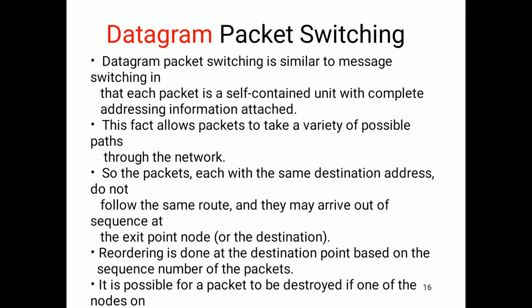Datagram packet switching is similar to message switching in that each packet is a self-contained unit with complete addressing information attached. This allows packets to take a variety of possible paths through the network. So the packets, each with the same destination address, do not follow the same route and may arrive out of sequence at the exit point node, that is, our destination.